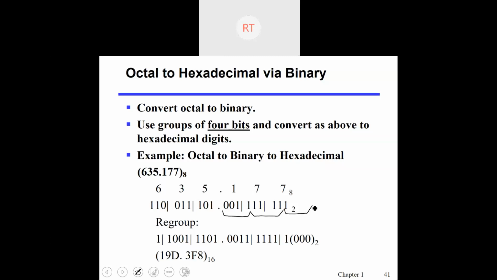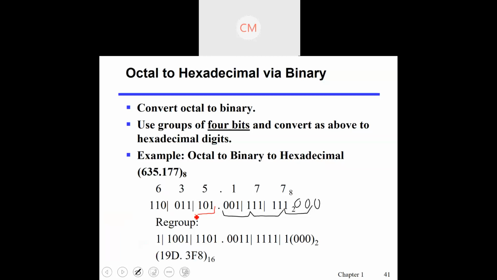But here I don't have 4, so I add zeros until it becomes 4. And what do I do in this direction? How do I start? Do I start from 1100 or from the 101? I start from the dot.